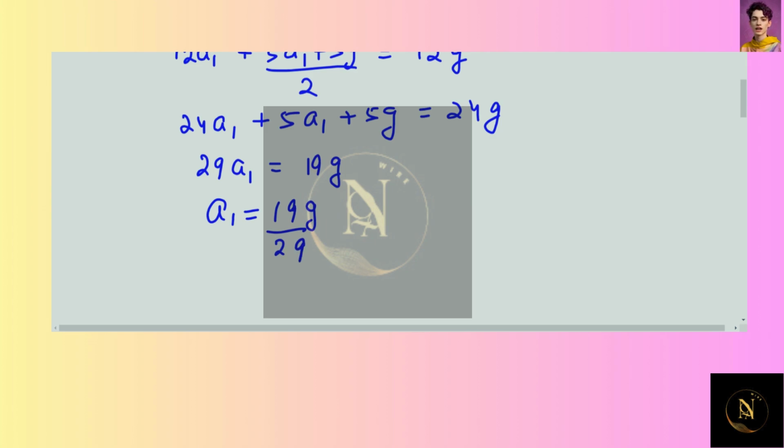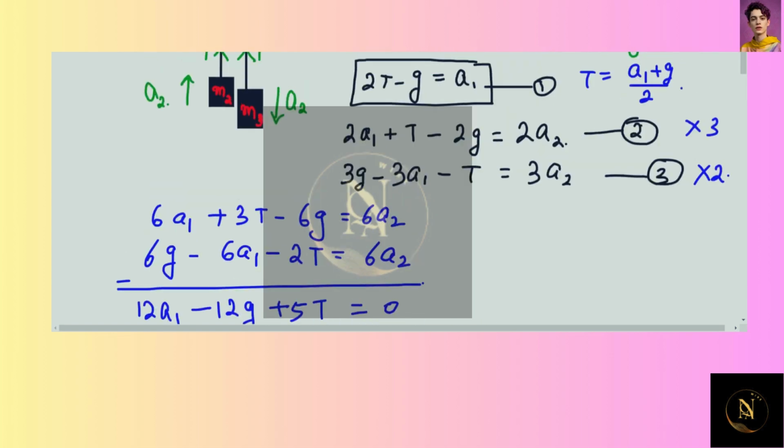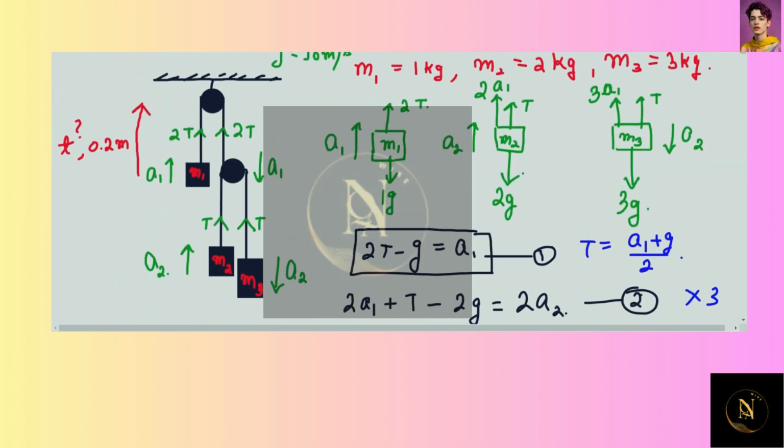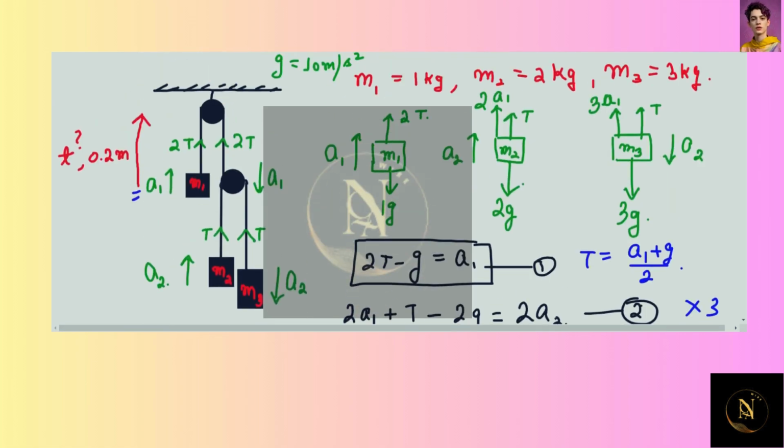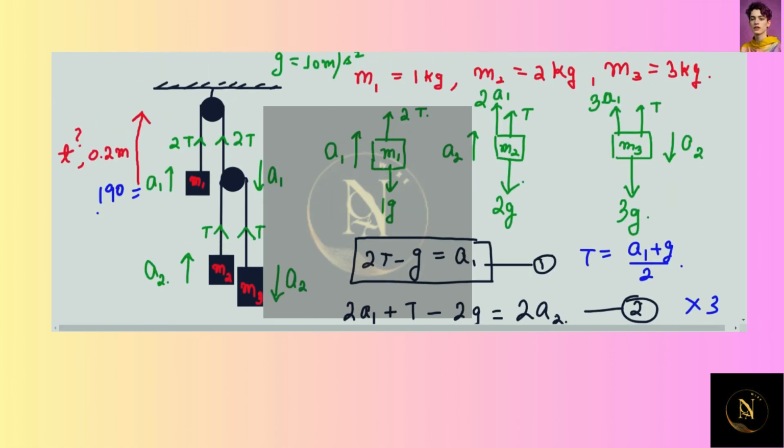If we put the value of G as 10, we get the value of A1 as 190 by 29 meters per second squared.